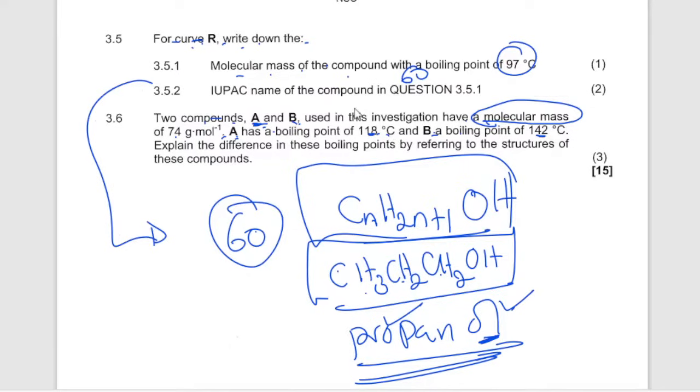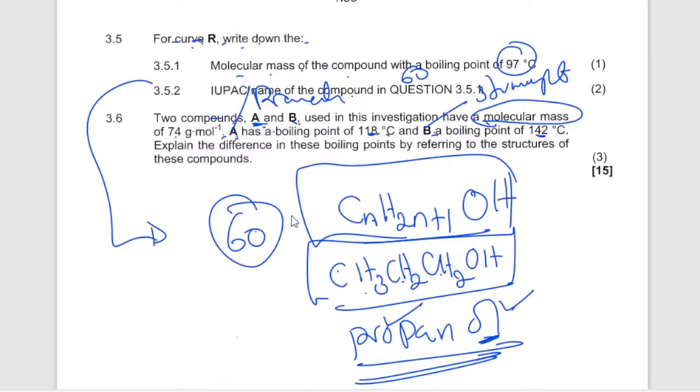So how do you explain this? B has a higher boiling point, so B is going to be straight chain, while A is going to be branched chain.